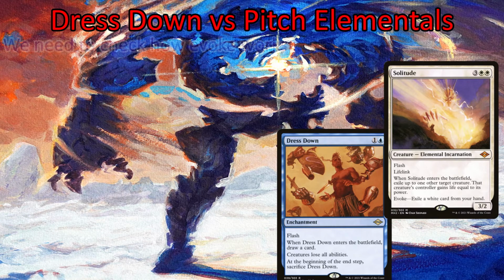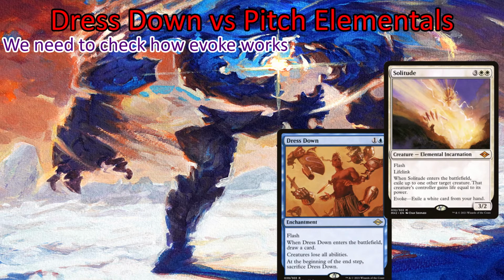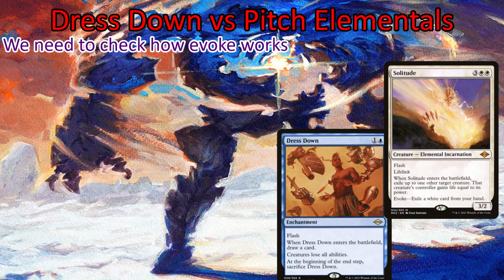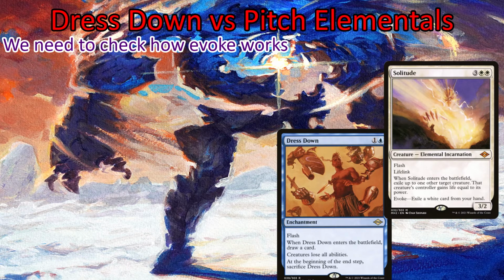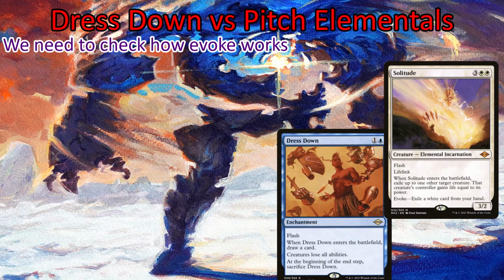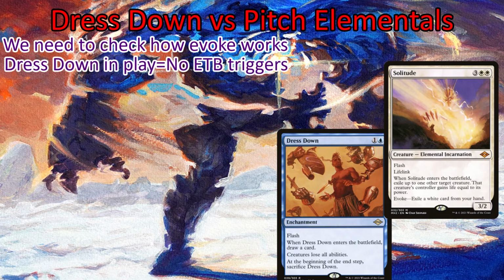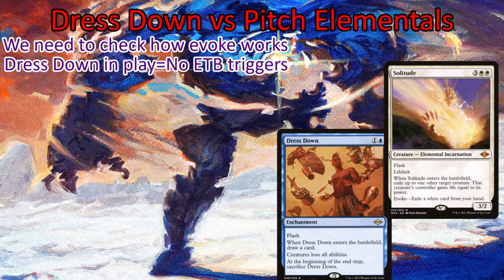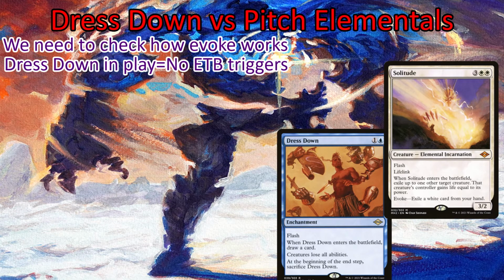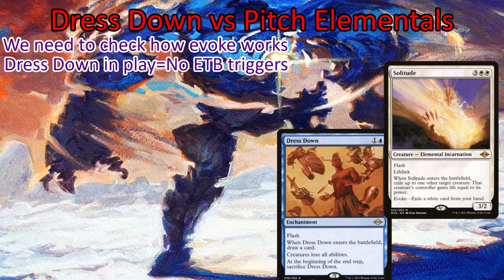Because if there is a Dress Down already on the board and we try to evoke the Pitch Elemental like Solitude from our hand, it obviously will not have the ability to do the enter-the-battlefield thing. Also, again, if it's played in response to us casting the elemental, it will not have that ability.